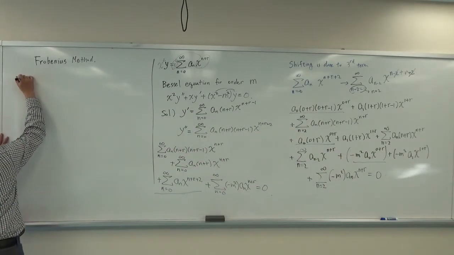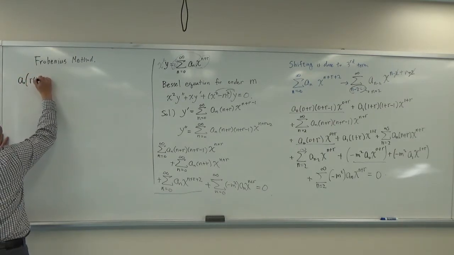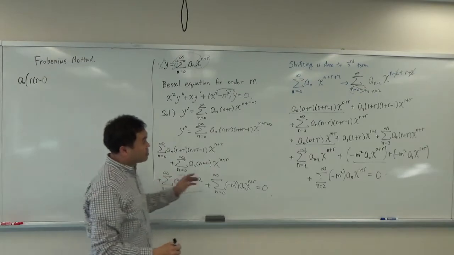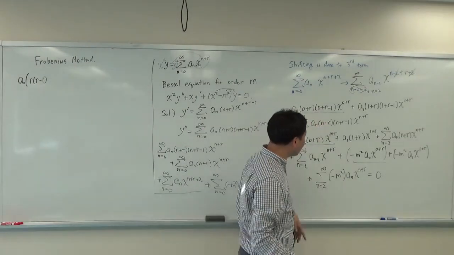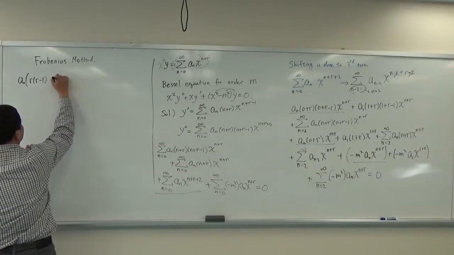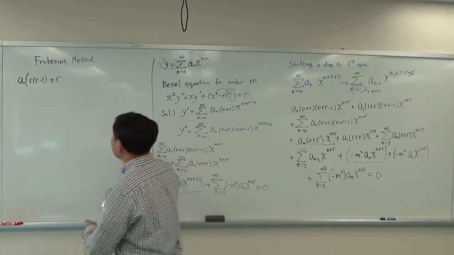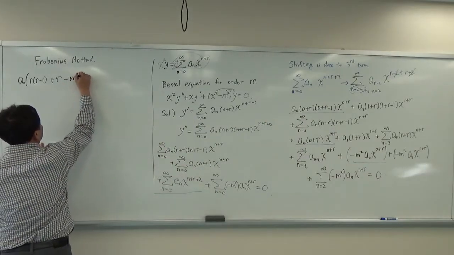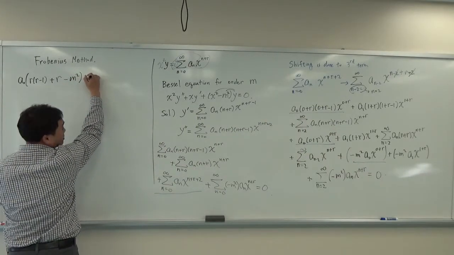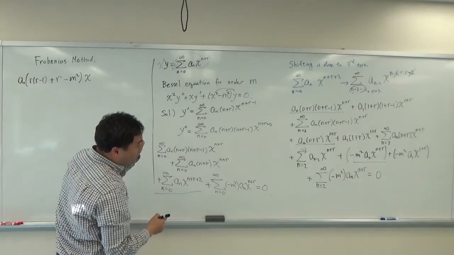If I factor out the a0, the very first one is r times r minus 1, and there's another r there, so plus r, and then there's a minus m squared, and you have x to the r.